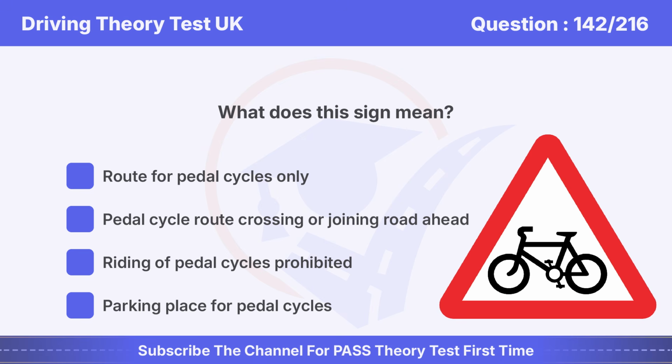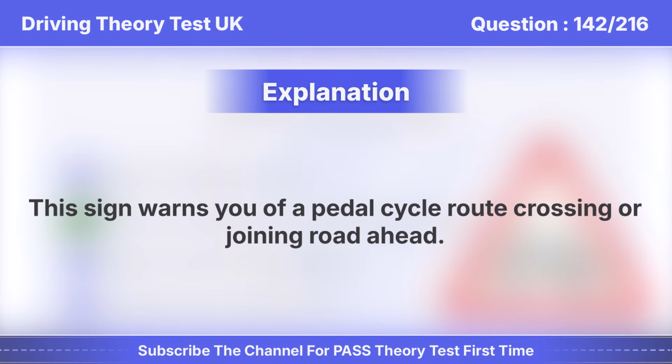Question 142. What does this sign mean? Answer is B. Pedal cycle route crossing or joining road ahead. This sign warns you of a pedal cycle route crossing or joining road ahead.